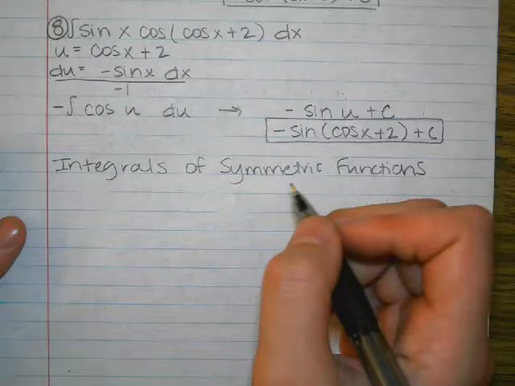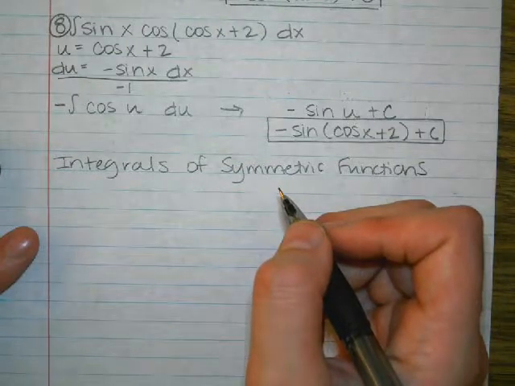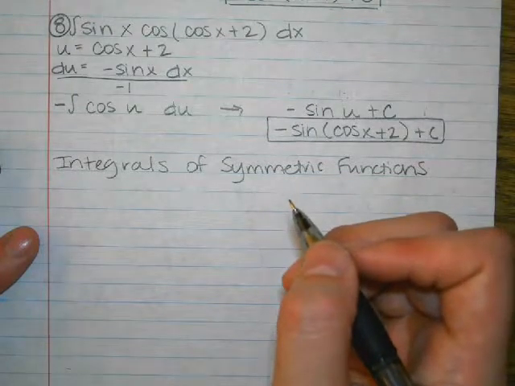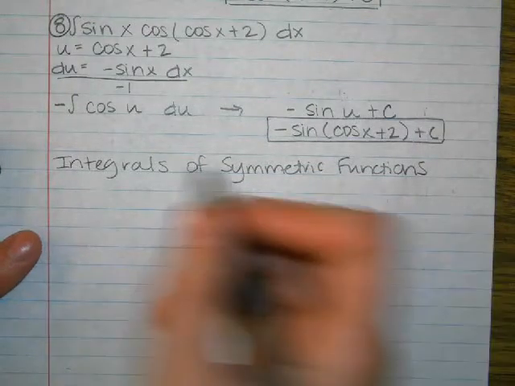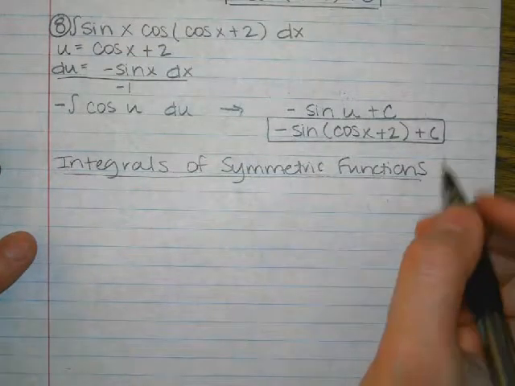Think like if I wanted the area underneath a parabola, because that's symmetric, depending on where it's centered. Does that make sense? This just shortcuts the process a little bit, saving yourself some trouble.